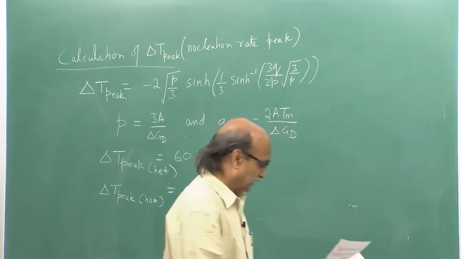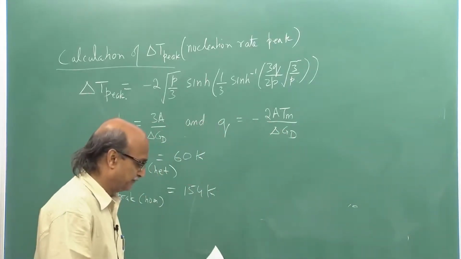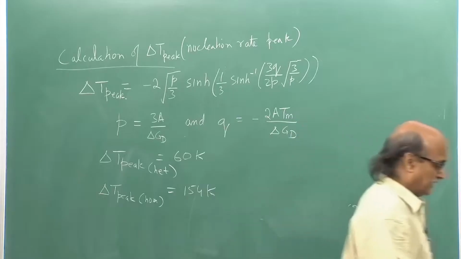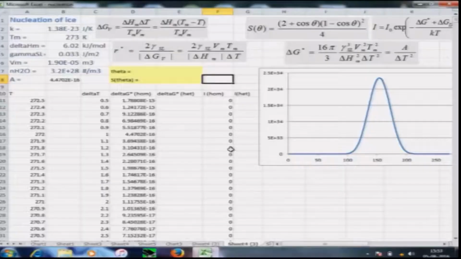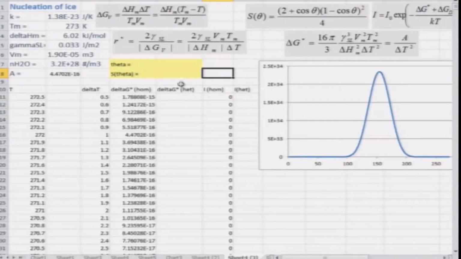Now, what I will do very quickly is I will just go back to my spreadsheet and let us see how these curves shift when we introduce heterogeneous sites. What you are seeing right now in the spreadsheet is what was done in the last lecture, and we are just continuing from there.